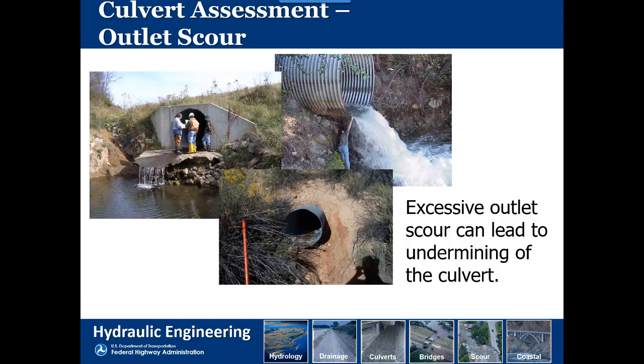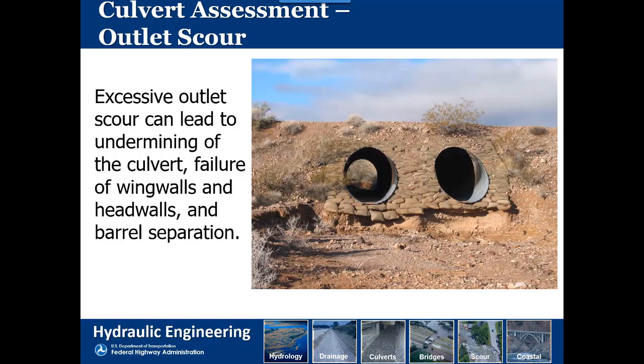And if you're looking to replace that or do something different, how are you going to address the drop in grade from up here all the way down here? That's going to be a lot of work to make sure you have sufficient grade for your species to get back up through here. And that goes to show outlet scour, like we saw in that one picture with the concrete culvert. If it gets too out of control, it can also undermine your culverts.